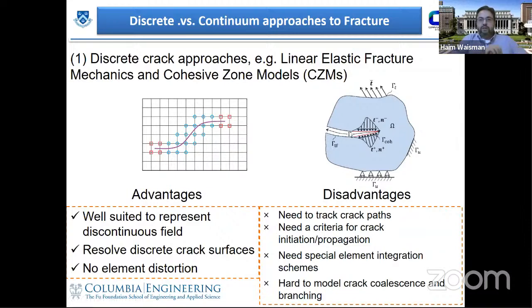If you have discontinuities and you need to capture those discontinuities exactly, those methods will be perfect for those cases. However, the disadvantage is that one needs to track the crack path, and also one has to deal with element integration schemes. And in addition, it's very hard to model crack branching and coalescence.